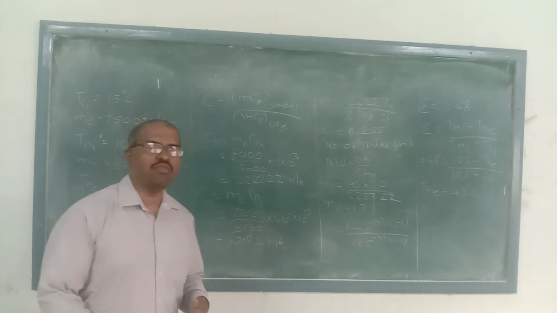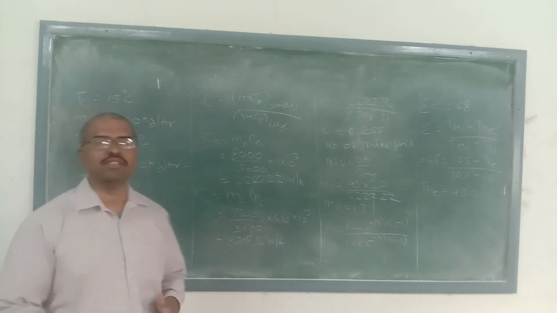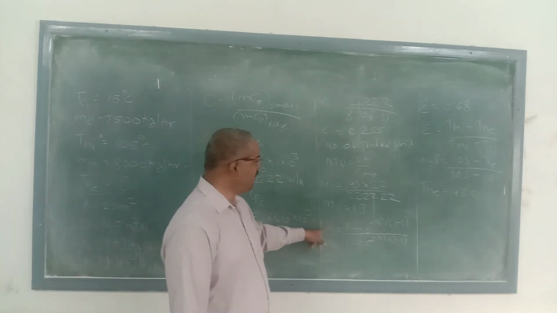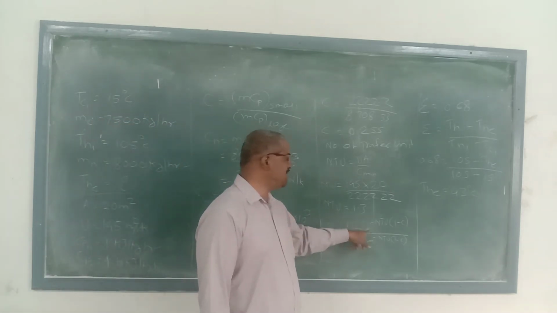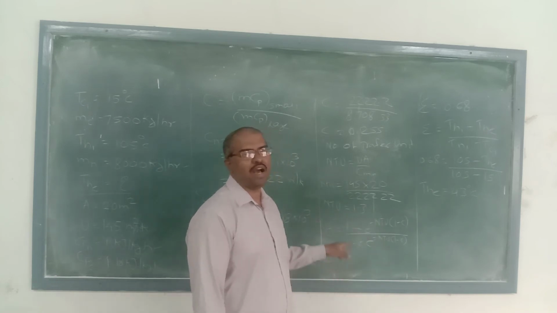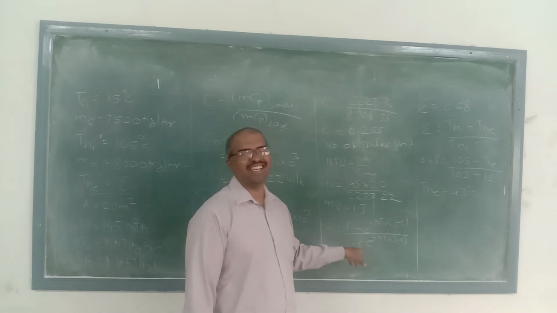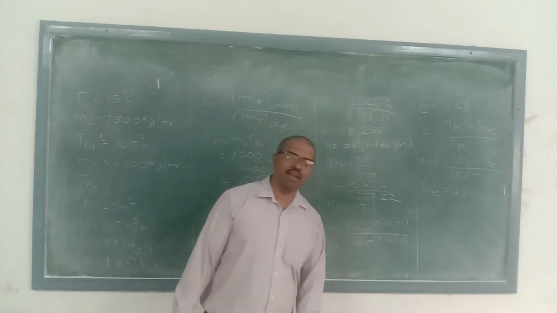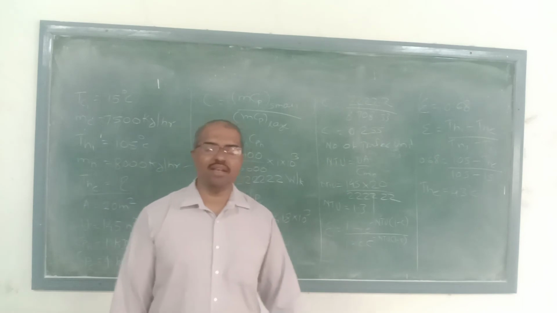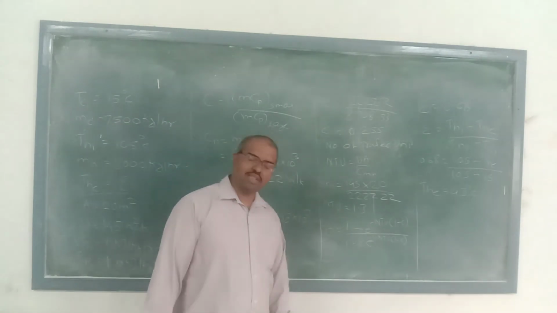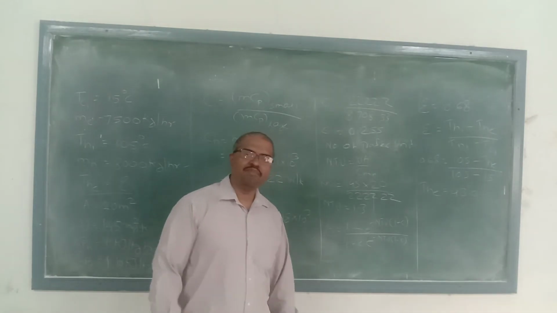For calculating the effectiveness by using the NTU method, we have the formula: effectiveness is equal to (1 minus e raised to minus NTU (1 minus C)) upon (1 minus C into e raised to minus NTU (1 minus C)). By using this formula we get the effectiveness.